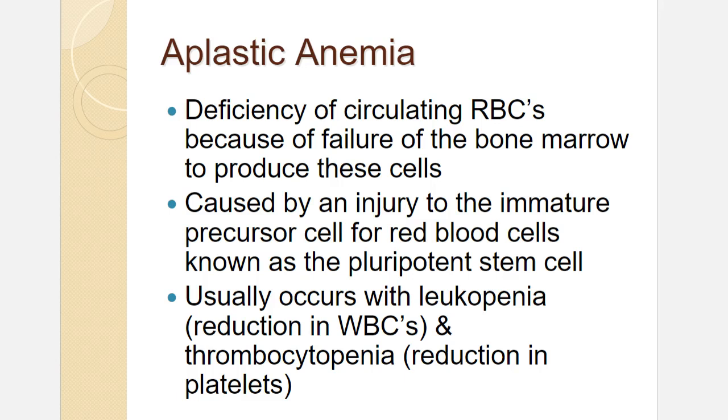Okay, it's a deficiency of circulating red blood cells because of failure of the bone marrow to produce these cells. This is the term that we refer to as pancytopenia, where there's a deficiency of all 3 cell types, caused by an injury to the hematopoietic precursor cells or the pluripotent cells.